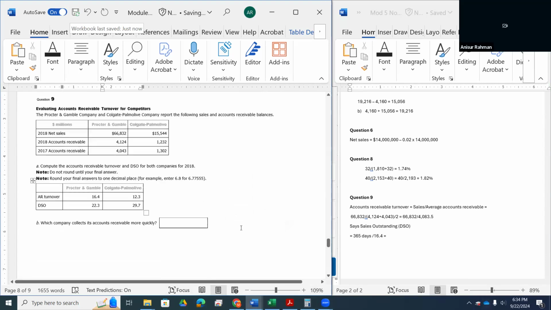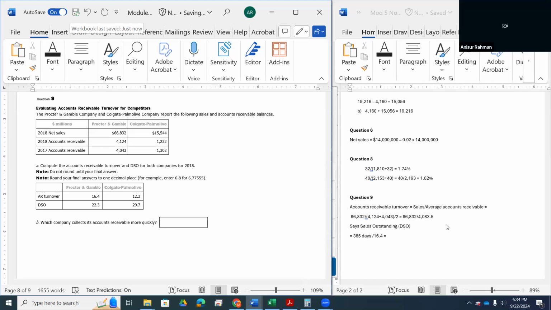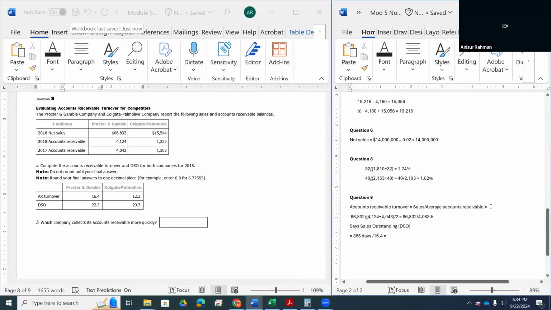Now, part B, which company collects its accounts receivable more quickly? So to answer this question, we need to know how to interpret these two ratios we just calculated. So accounts receivable turnover is your sales over average accounts receivable. So ideally, you want as little accounts receivable as possible. You want to collect in cash as much as possible.